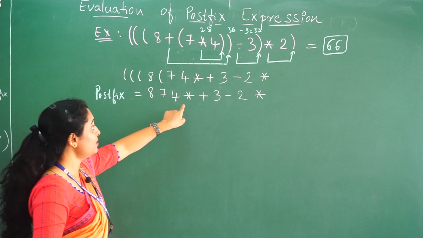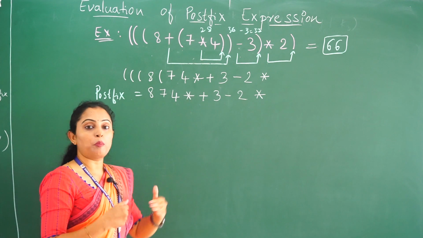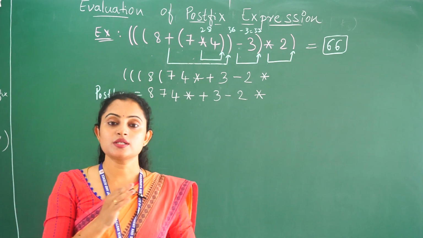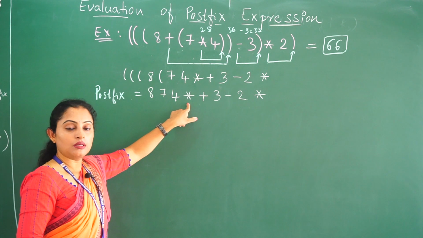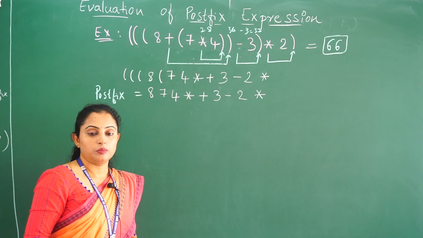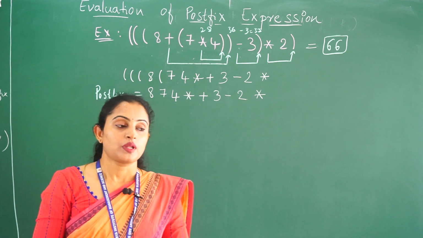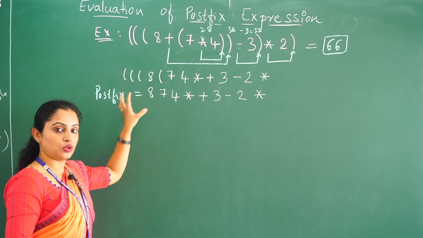Next, whenever an operator is encountered while scanning, we have to pop the top 2 elements from the stack and perform this operator's operation on those popped two operands. Then the result will be placed again into the stack, pushed onto the stack.